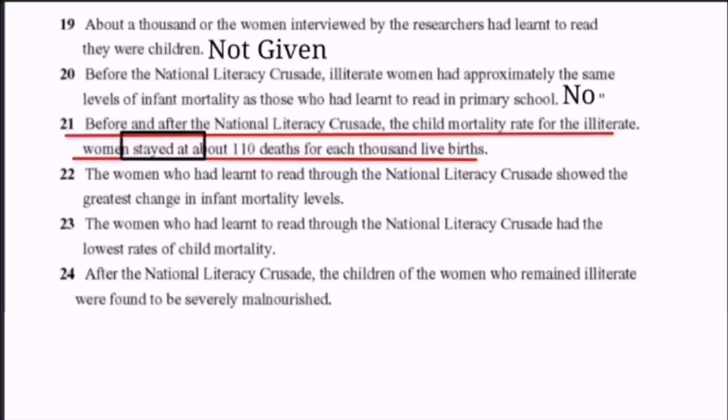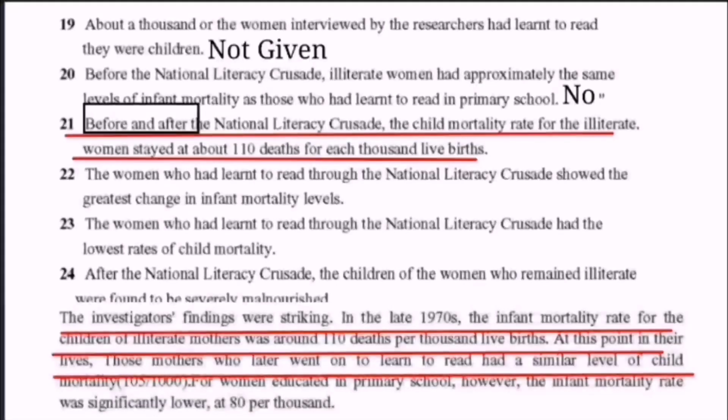Let's try to find the answer for question number 21. In paragraph 5, the investigators' findings were striking. In the late 1970s, the infant mortality rate for the children of illiterate mothers was around 110 deaths per 1,000 live births. So in paragraph 5, we have read about the infant mortality rate for uneducated women.